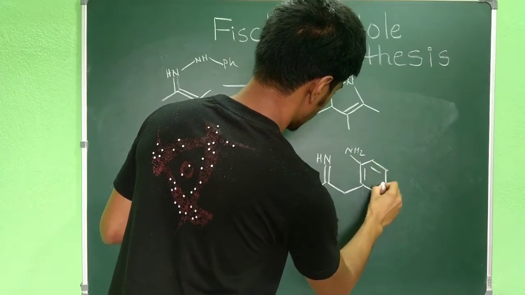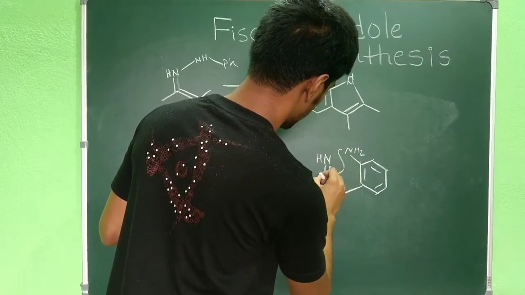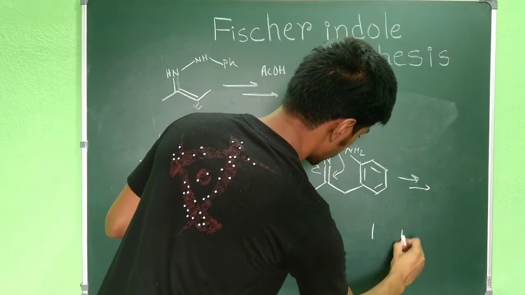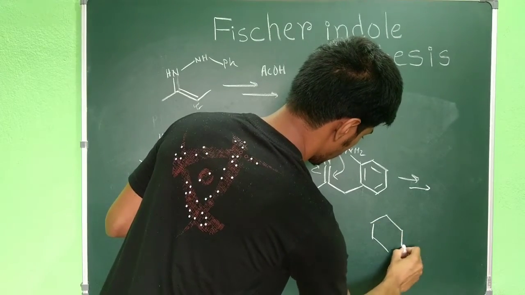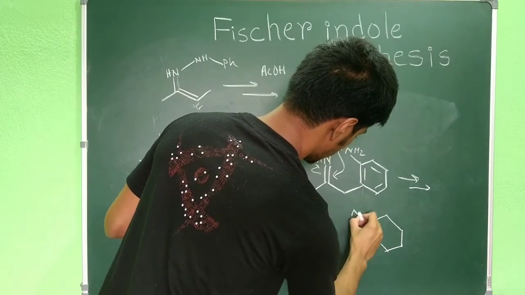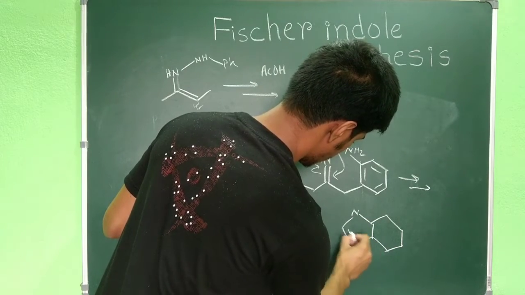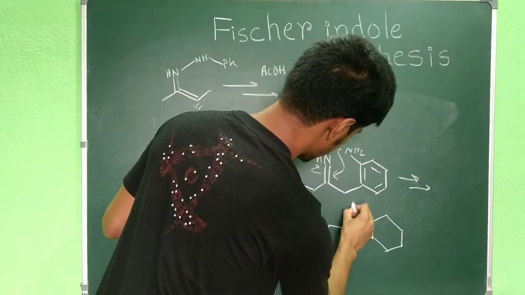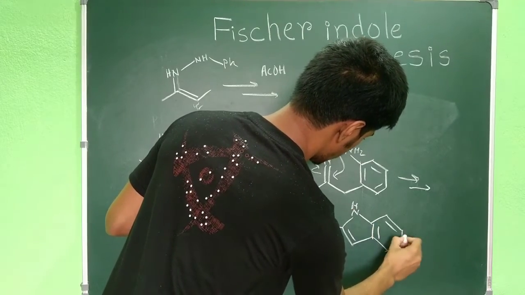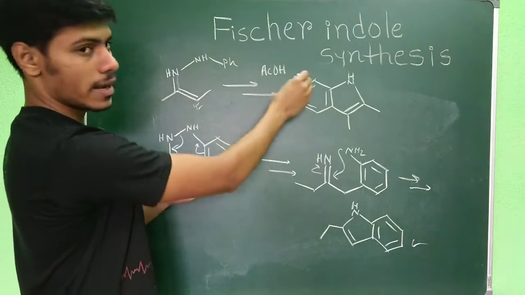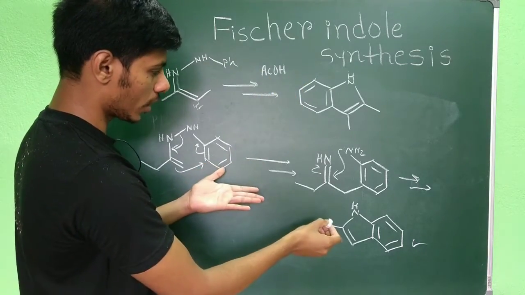And now this will attack over here, and after a few steps you will get a product, this one. So here you will have substitution, here this and this NH. So this product you will get.